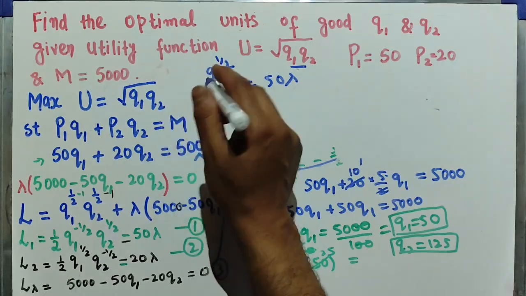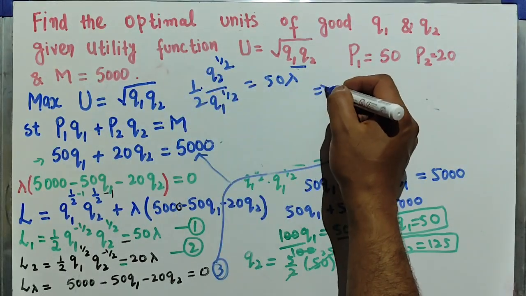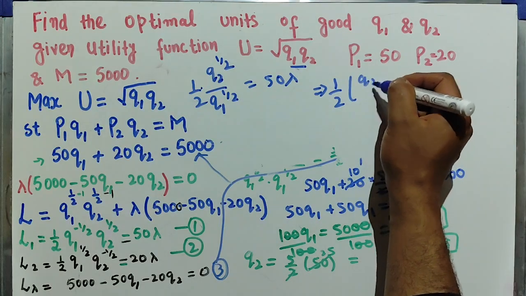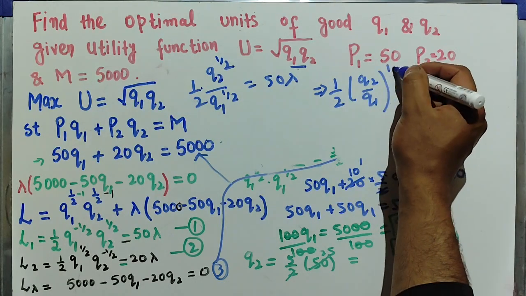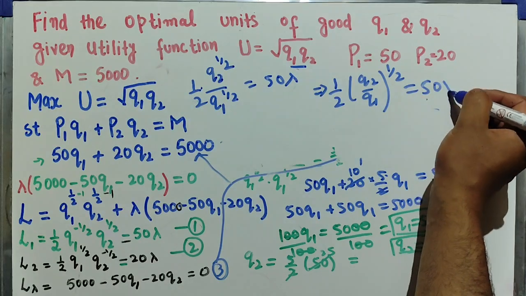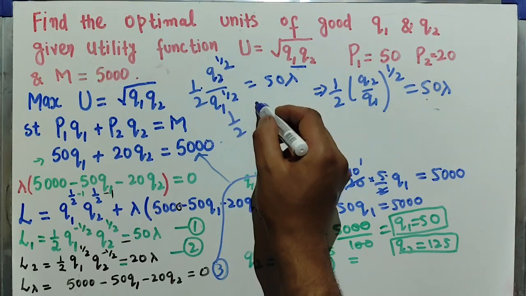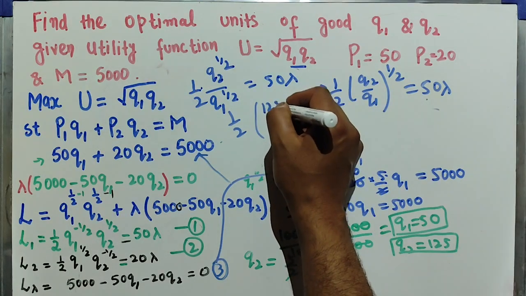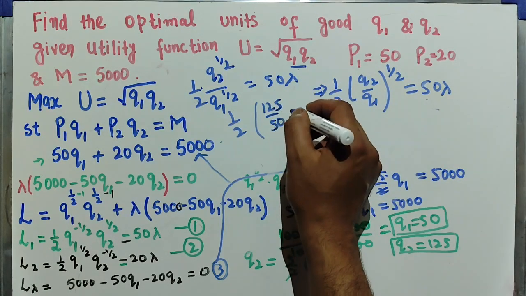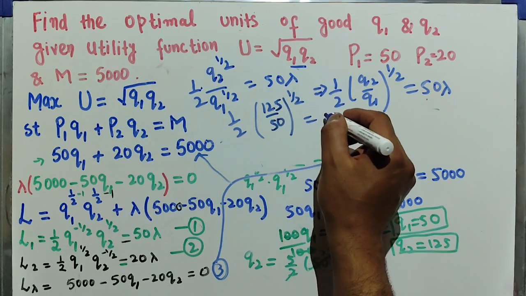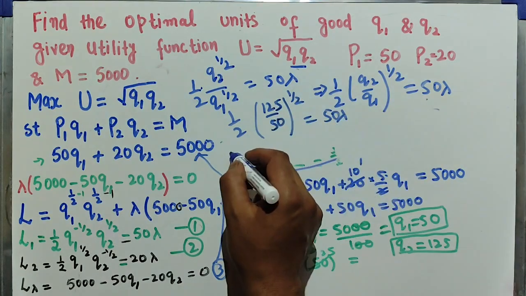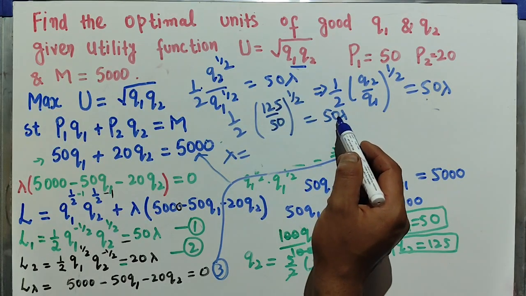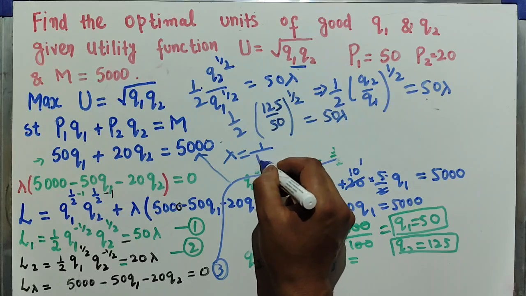So 1 upon 2 times Q2 upon Q1, the whole raised power 1 upon 2, should be equal to 50 lambda, or 1 upon 2 times 125 upon 50 raised power 1 upon 2 should be equal to 50 lambda, or lambda is equal to, transposing this 50, it gets divided, so 50 into 2 is 100.